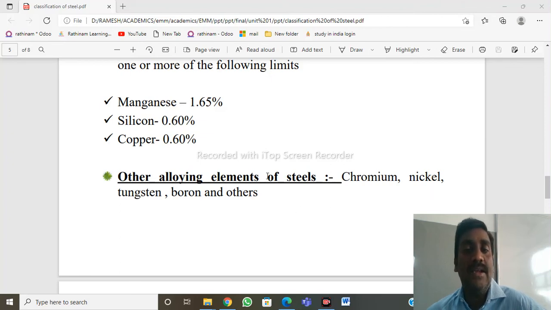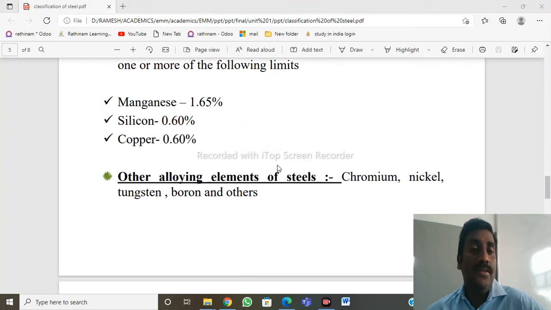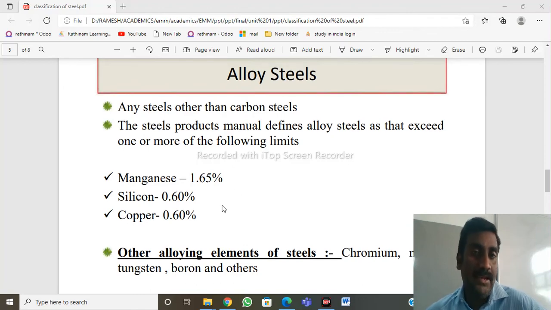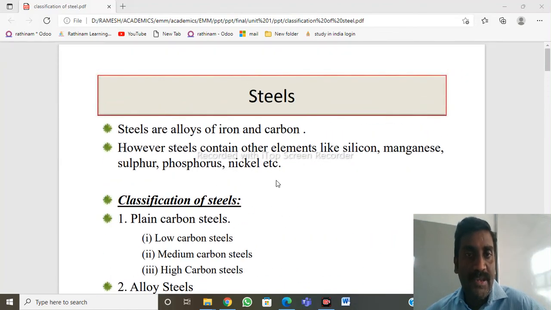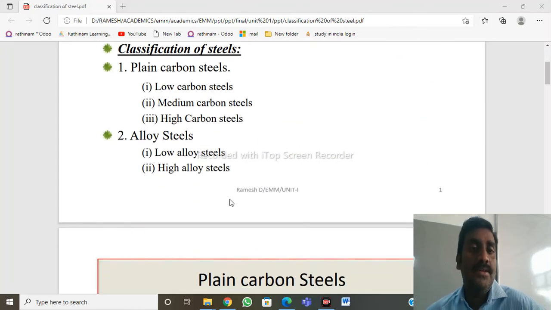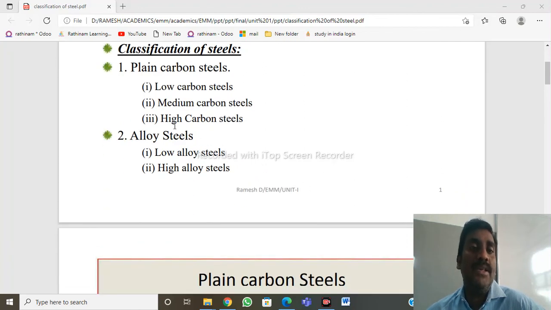With the help of these elements, we maintain the mechanical properties of steel. I think we have covered steels and their classifications, which is the most important parameter. In mechanical engineering design, wherever we need these kinds of properties, we can use these materials. Thank you.